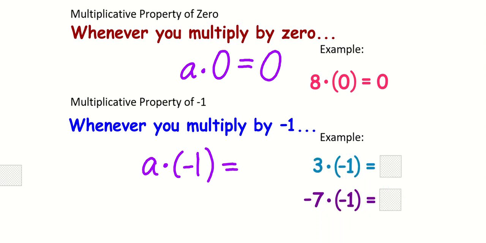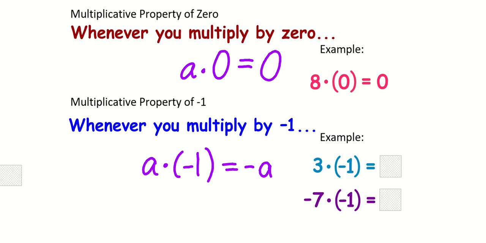What happens when you multiply by -1? In general, a, which could be whatever, whether rational or irrational, it's all good. If you do a times -1, you're just going to get negative a. Whatever a was, you end up getting negative that.